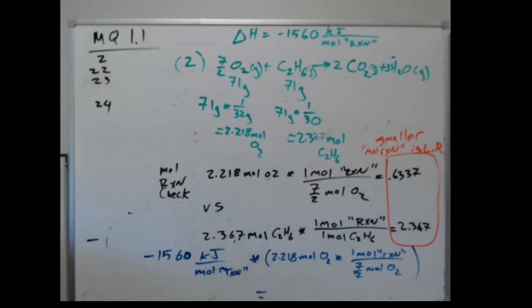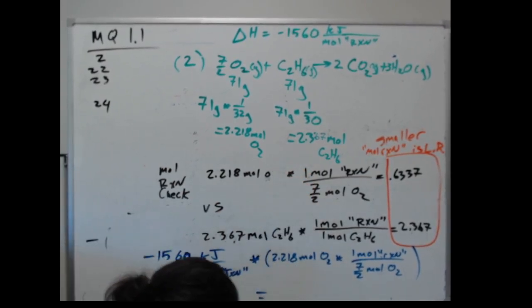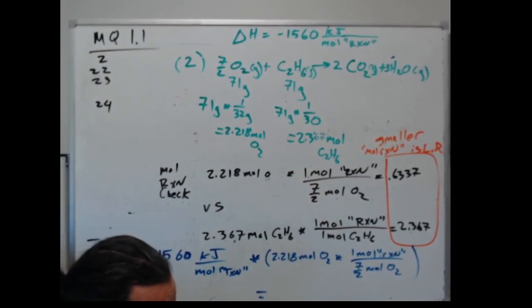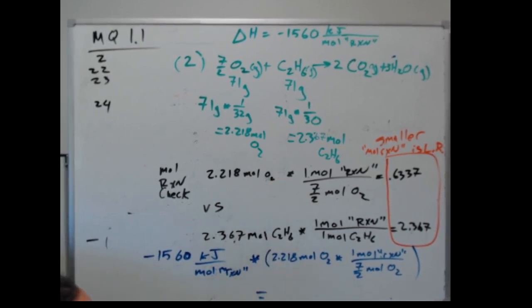So we could have used all of the moles of O2 and changed the delta H, or we can change the moles of O2 into moles of reaction, but it's going to end up being the same number. So pick which way feels better for you. Try it both ways, think about it both ways, and just pick the one that works better for you.